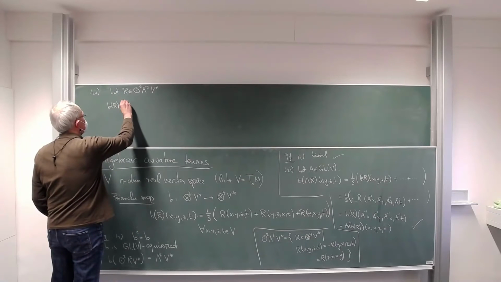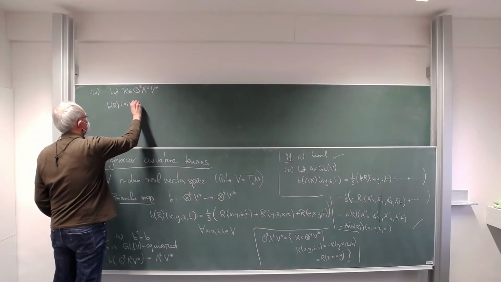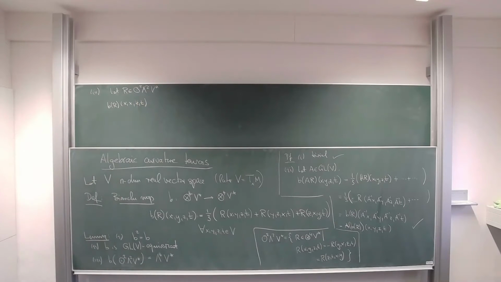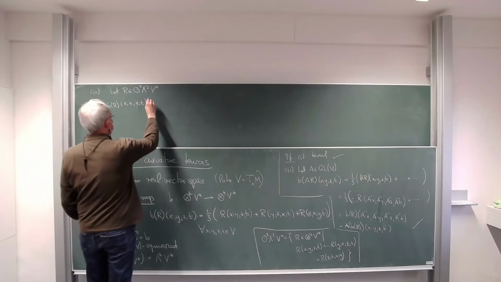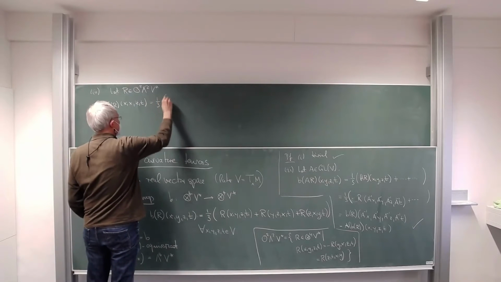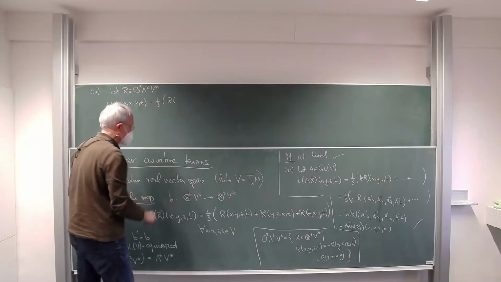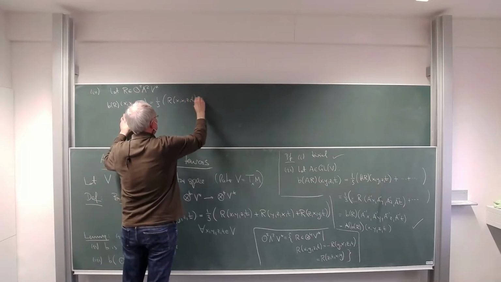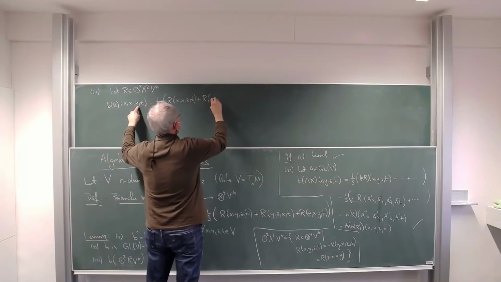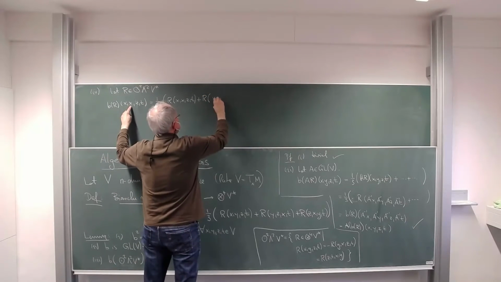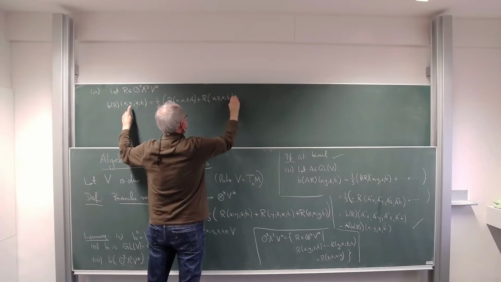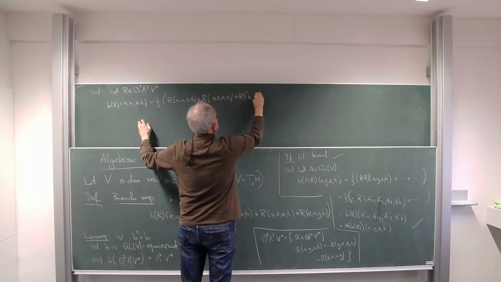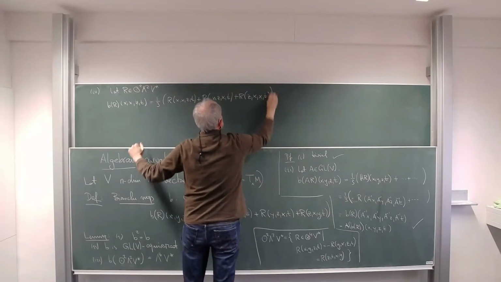So for instance, if we put in x and then z equal t as an example, so what will we get? This is by definition 1/3 times R. So let's just write down the definition. Then we have R of x z t plus R of x z x t plus R of z x x t, right?